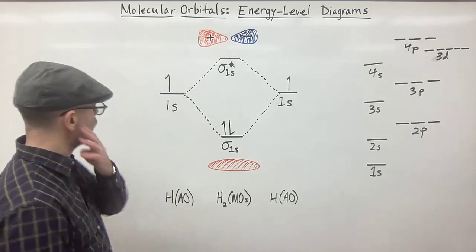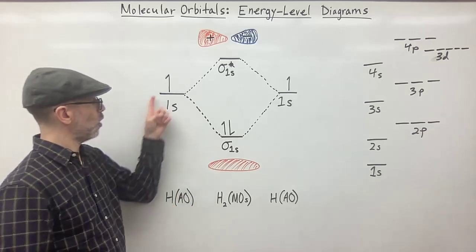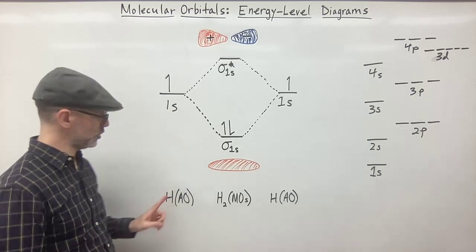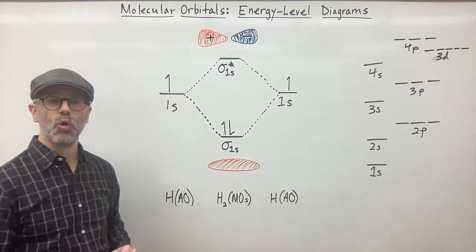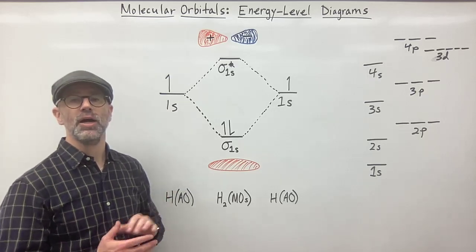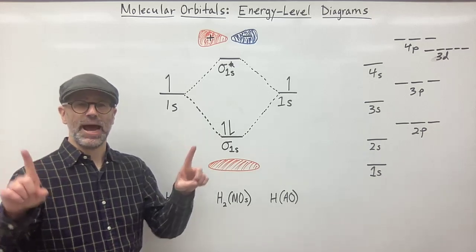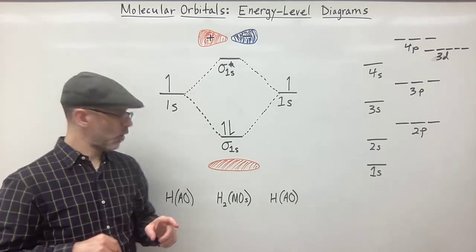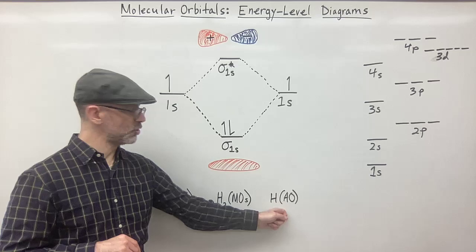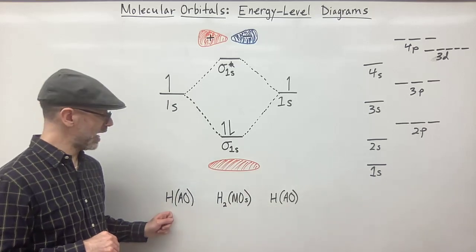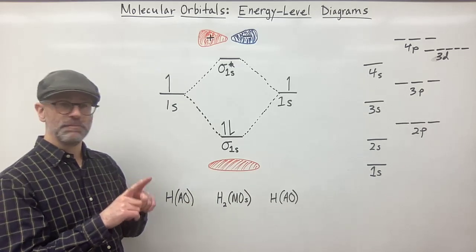What you'll see here is a 1s orbital on this hydrogen. We're looking at what are called homonuclear molecules. Those are molecules that have the same atom bonded together. Hydrogen is the simplest one. So we have 2 hydrogen atoms bonding together.